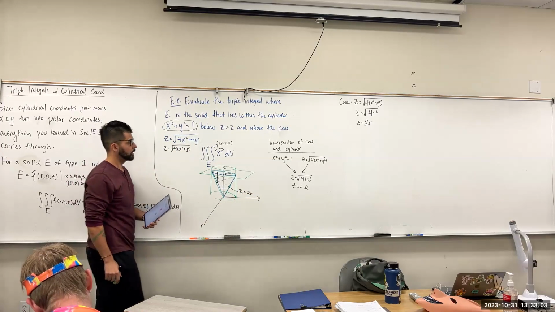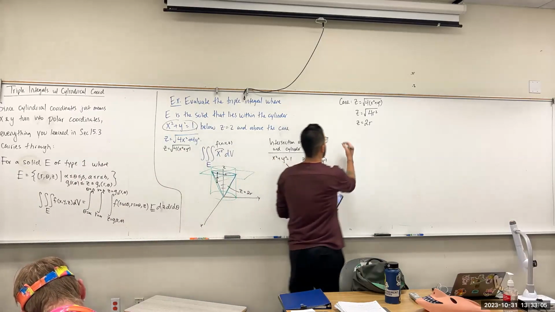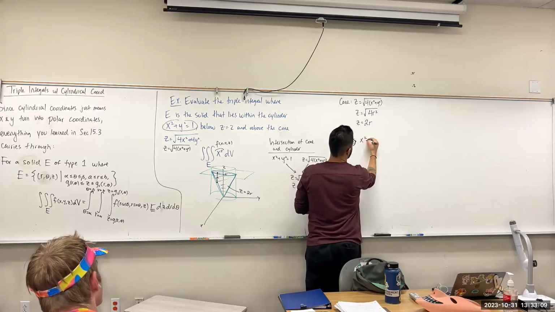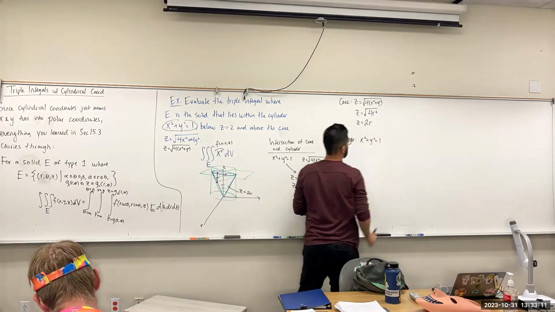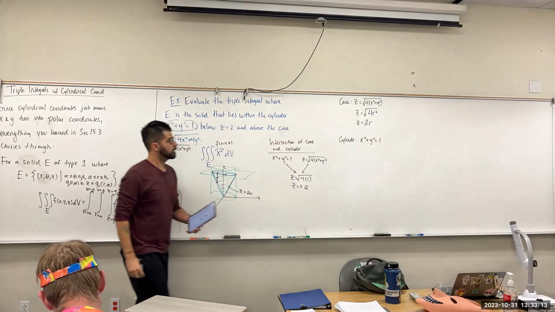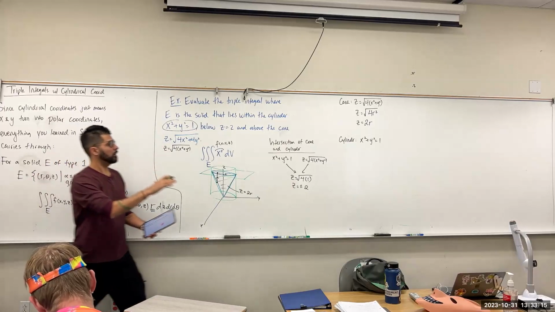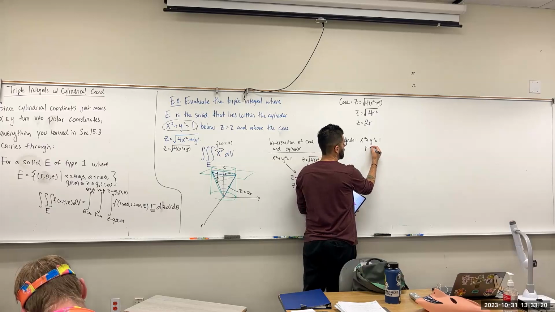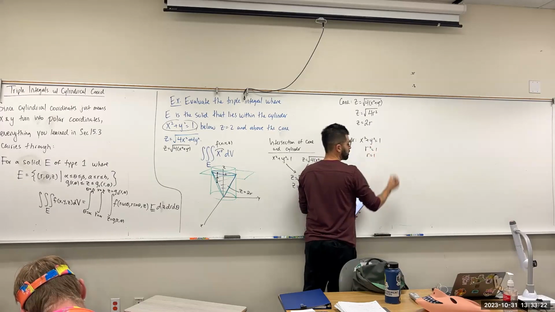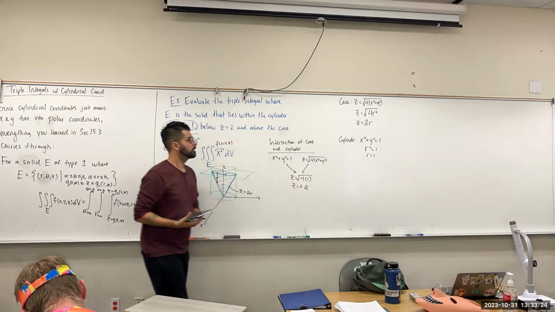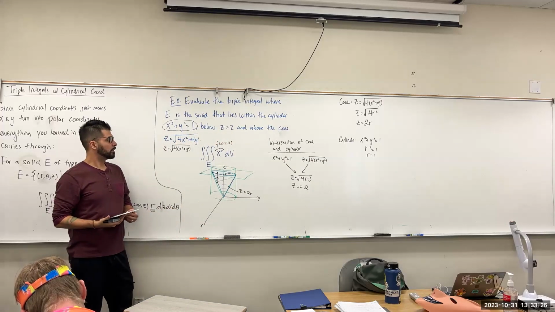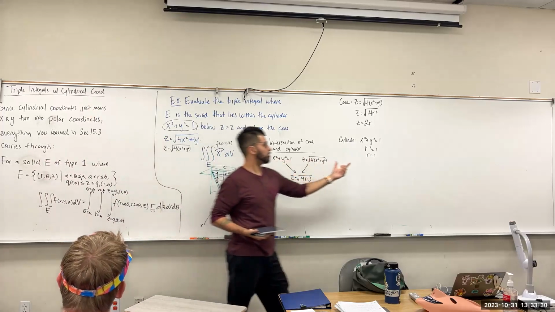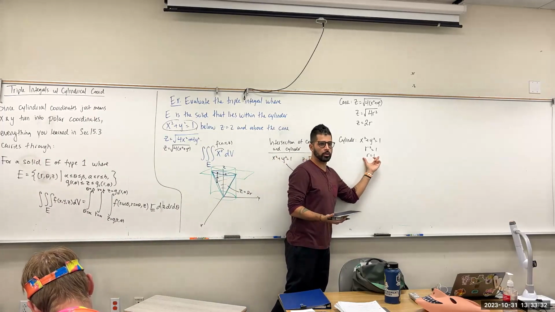The cylinder, which is x squared plus y squared equals 1, becomes in cylindrical what? r squared equals 1, so it's just r equals 1. Another reason this is called cylindrical coordinates is because cylinders have the most basic equation, r equals a number.